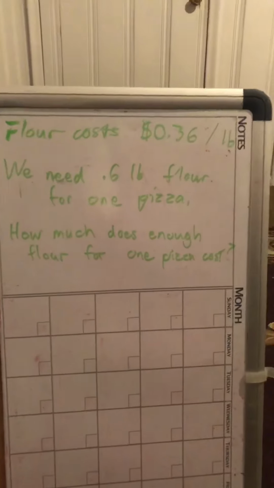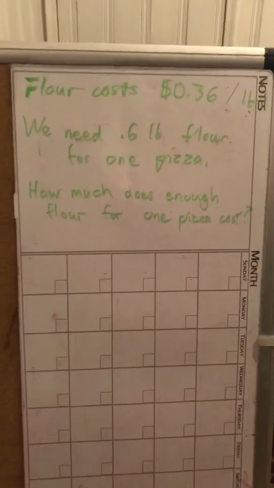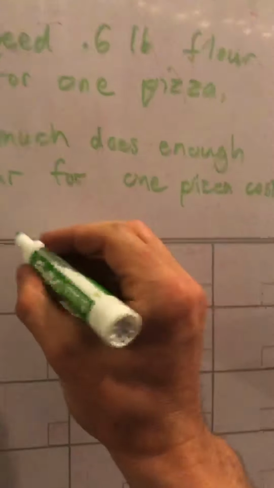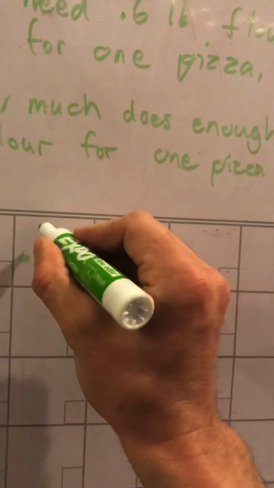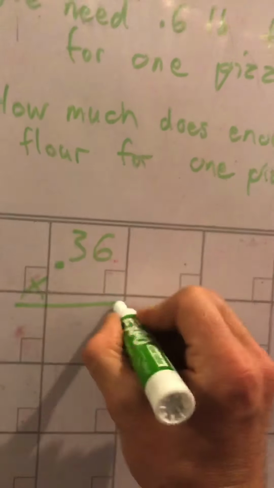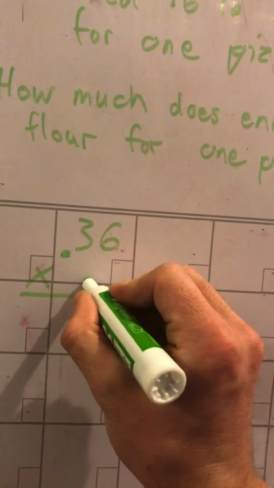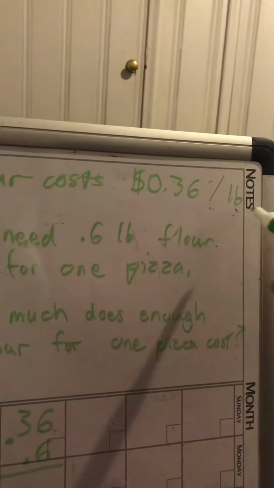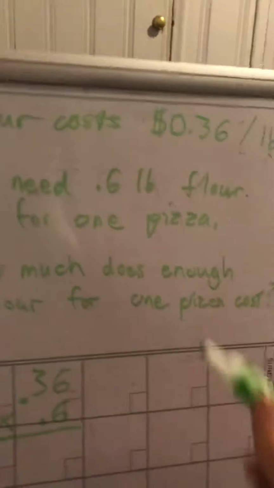Okay, so again, the way we're going to get this answer is by multiplying. We need to multiply 0.36 times 0.6. Again, I'm getting those numbers from up here. 36 cents per pound multiplied by 6 pounds.